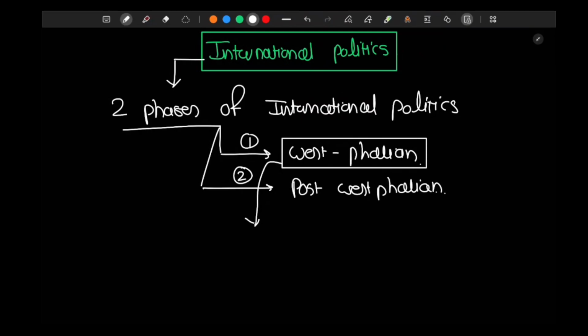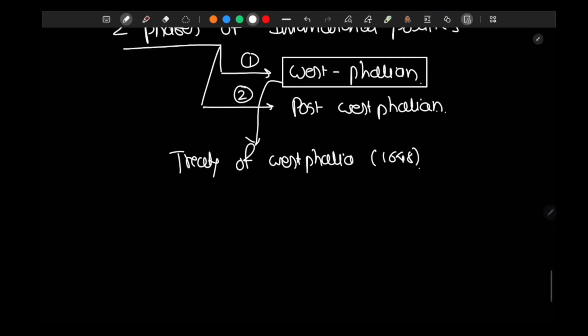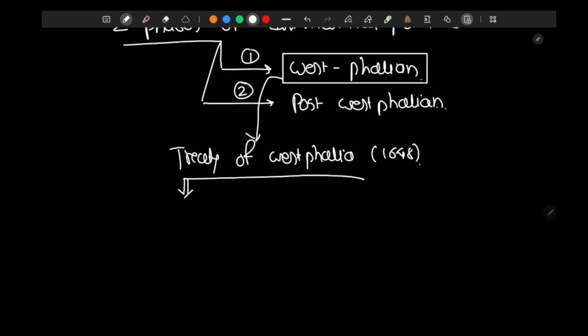So what does Westphalia signify? Or better to say, what does the Treaty of Westphalia signify? The Treaty of Westphalia, which happened in 1648, signifies what Hobbes wanted to signify.